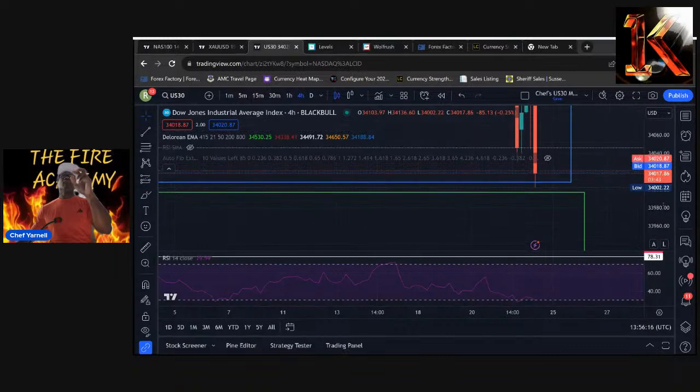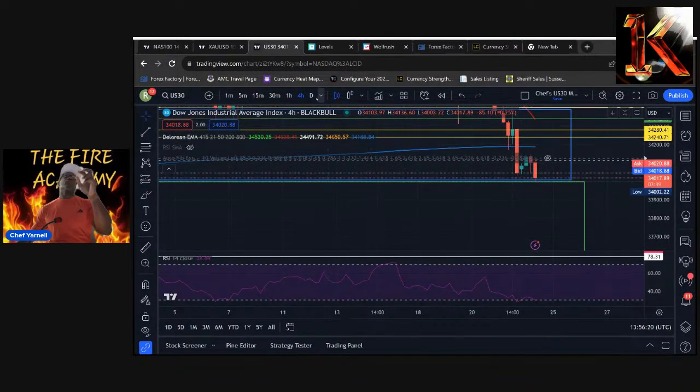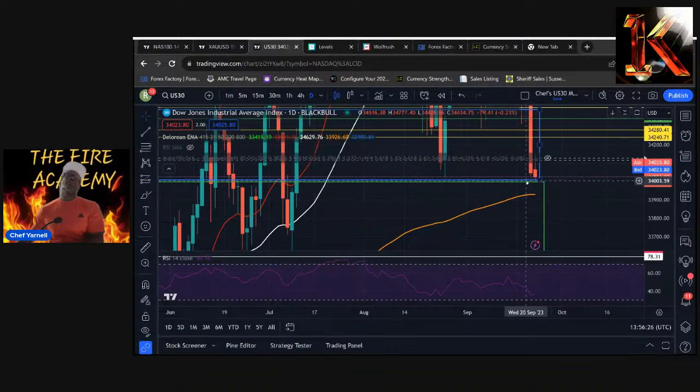When I look at my EMA structure, whenever they decide to show up, oh no, it's the day chart. This EMA right here. Notice how price is at the bottom of my blue box. That's why we're getting pulled back. That's my supply zone. So price hit the supply zone bottom. Now it's pulling back.